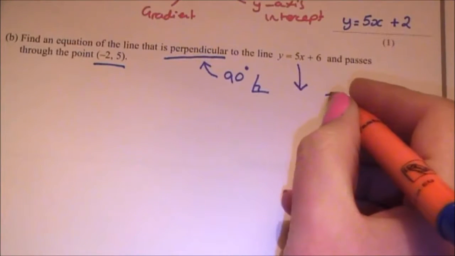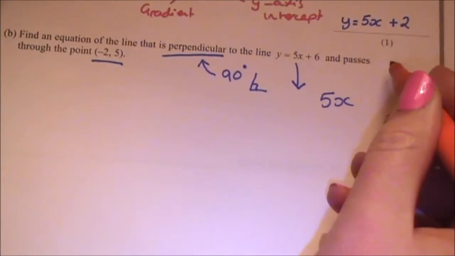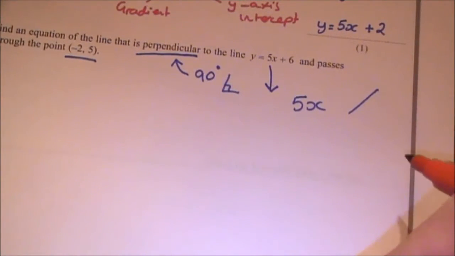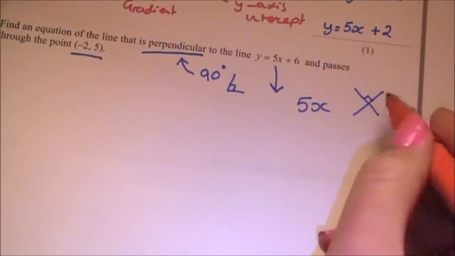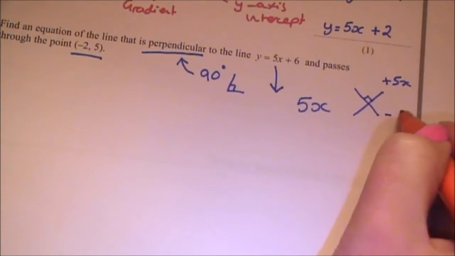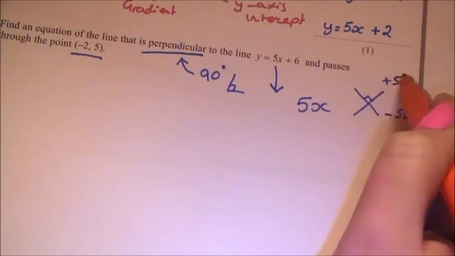Now, you may be thinking, oh, well, if 5x is the gradient of a positive line that's going up that way, if I'm doing a perpendicular line, something that crosses at 90 degrees, then it makes sense that if that's positive 5x, this would be negative 5x. But that's not correct.